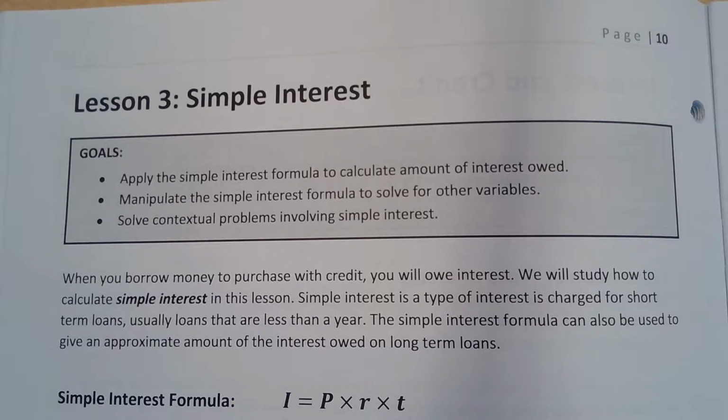Simple interest is usually charged for loans less than a year. The simple interest formula could also be used to get an approximate amount of interest owed on long-term loans. So for simple interest, there's a formula.